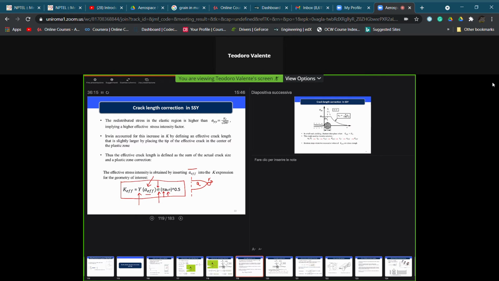And under the square root, for the definition of this stress intensity factor, which sometimes, in order to be differentiated from the stress intensity factor calculated by the linear elastic approach, is also called K1P, with a P, to remember that we are using the effective length of the crack, including the plasticity radius.